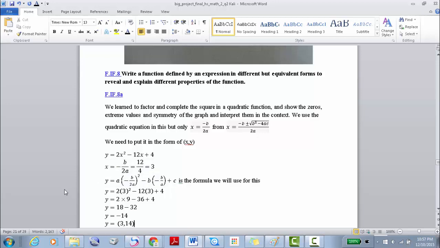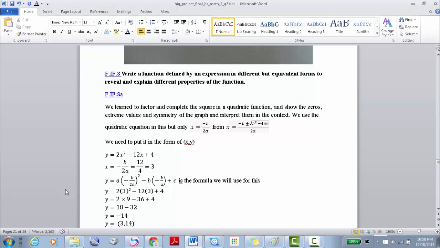That is the formula, and now we go into solving the problem. So it'll be y equals a in brackets negative b over 2a, squared, minus b in brackets negative b over 2a, plus c. This is also the formula that we actually solve the whole thing with. So here's the actual answer to the question we're given.